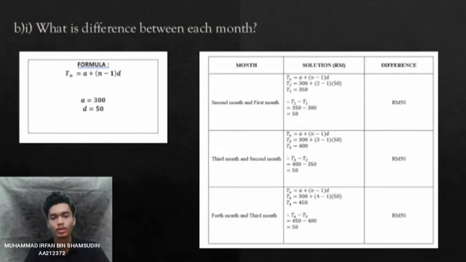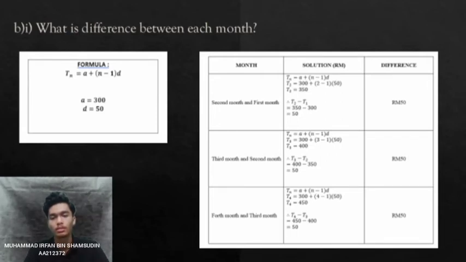So the value for the third month is 400. And the difference between the third month and the second month is 400 minus 350. So the difference between these 2 months is RM50.